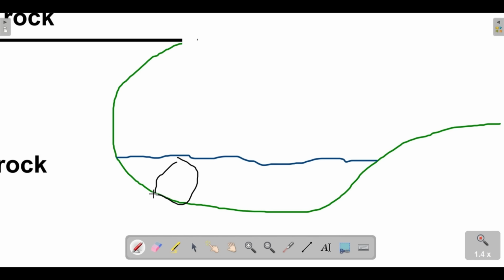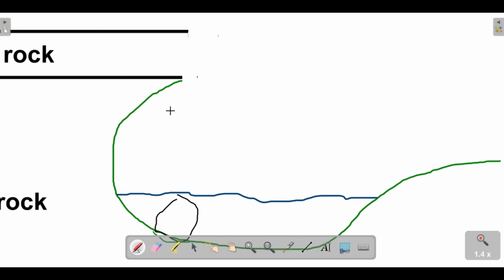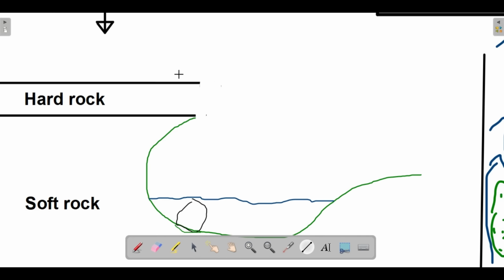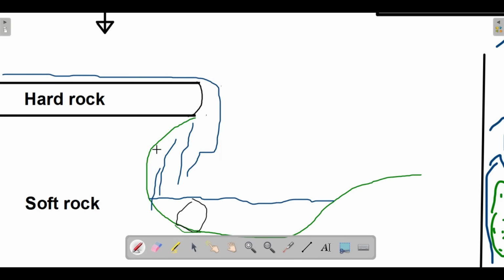By falling, it helps the erosion done by the flowing river by eroding this softer rock even more. Again, this continues to occur. Water will flow, continuously eroding this softer rock.